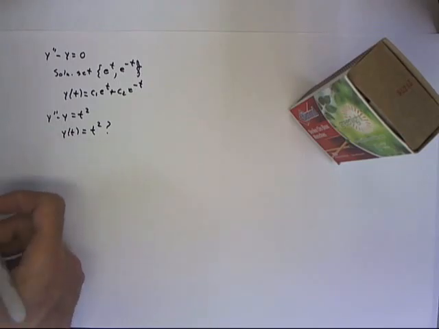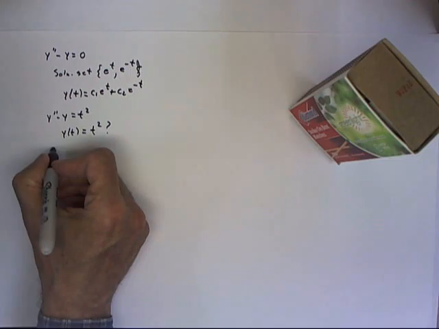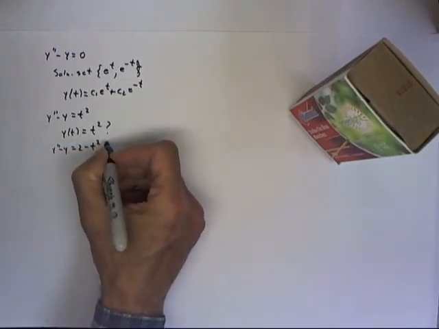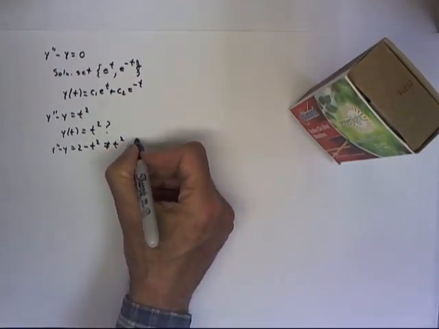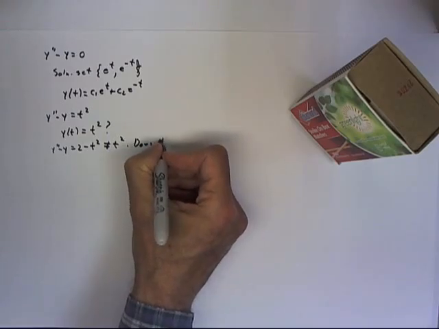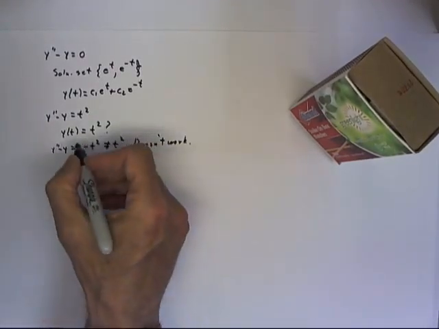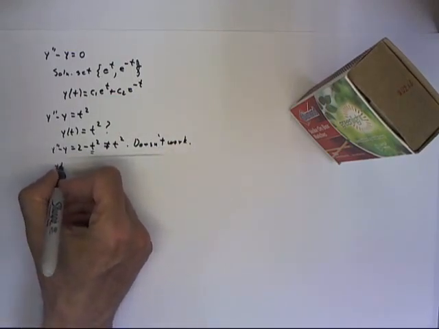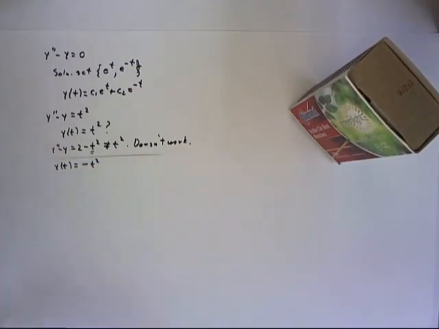Well, if y of t equals t squared, then y double prime is 2, and we get y double prime minus y is going to equal 2 minus t squared, which is not equal to t squared. So this doesn't work. However, we did get a t squared out of this. So we might try y of t equals negative t squared.